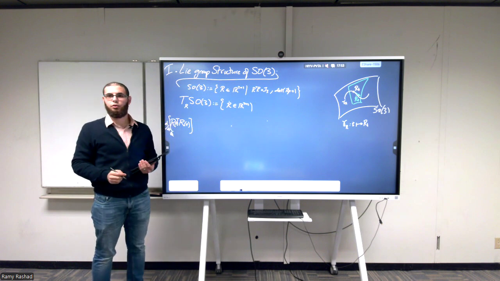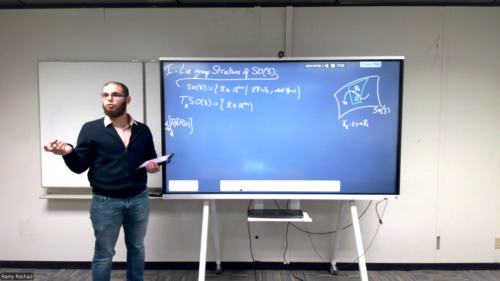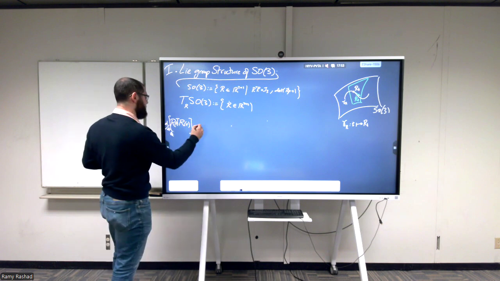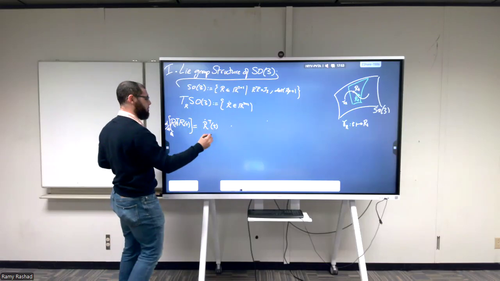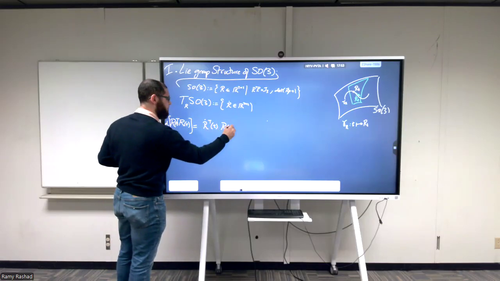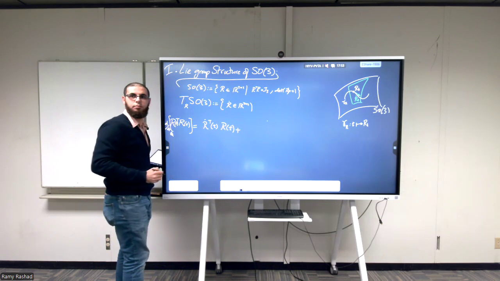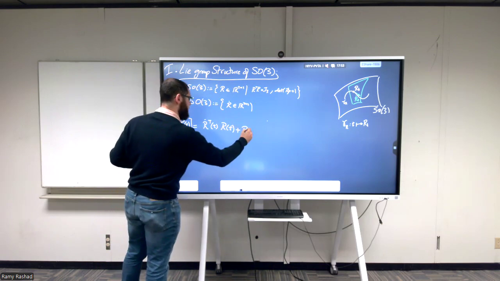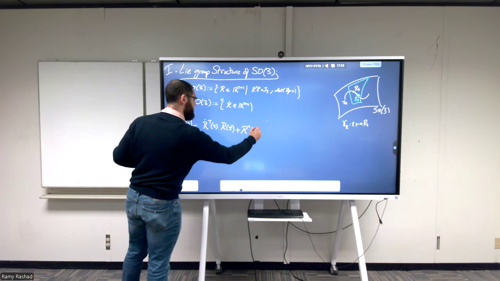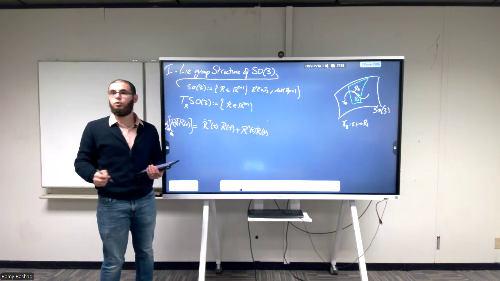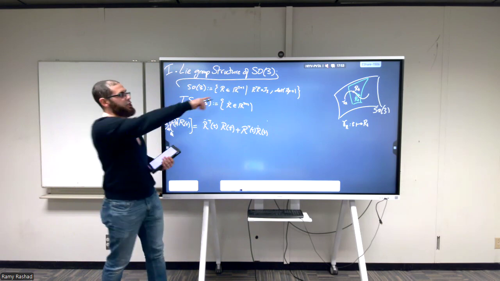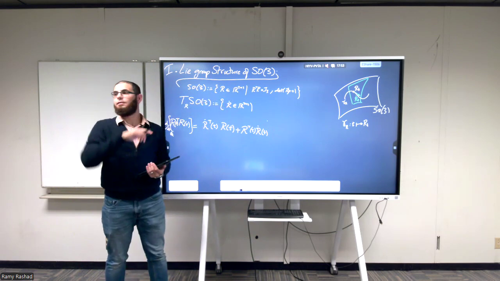Anyone knows how to do it? The product rule, exactly. So this is equal to R dot transpose as a function of time multiplied by R, plus R transpose of t, R dot function of t, equal to the differentiation of the identity matrix.